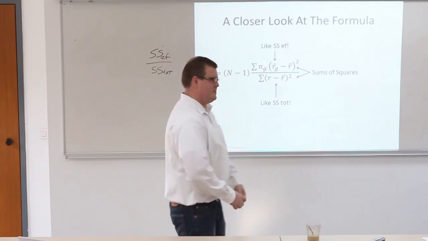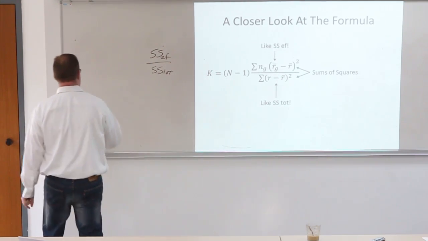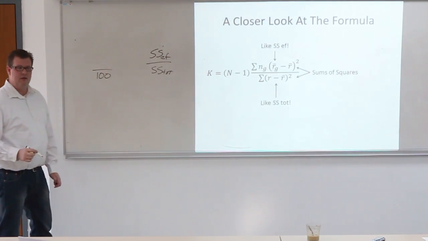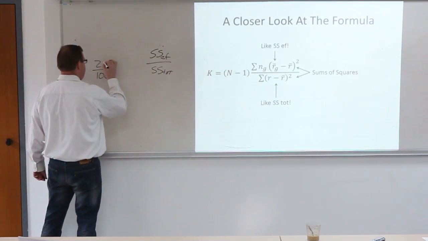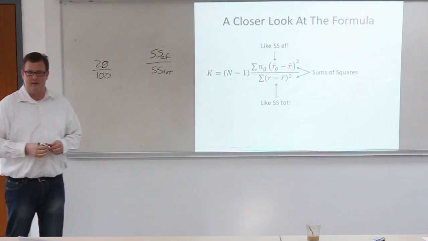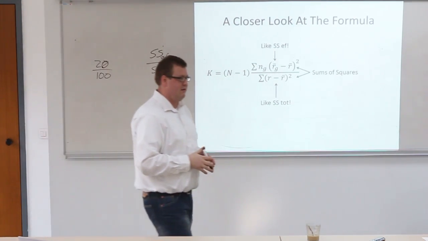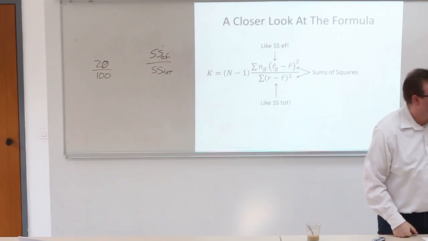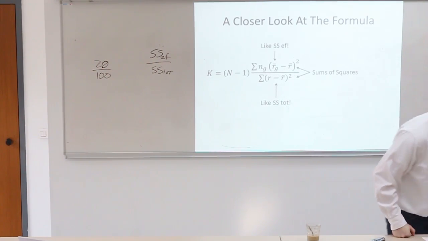Let's make this simpler. Imagine that we have 100 sum of squares total, and we have 20 for the sum of squares for the effect. 1 minus this number.